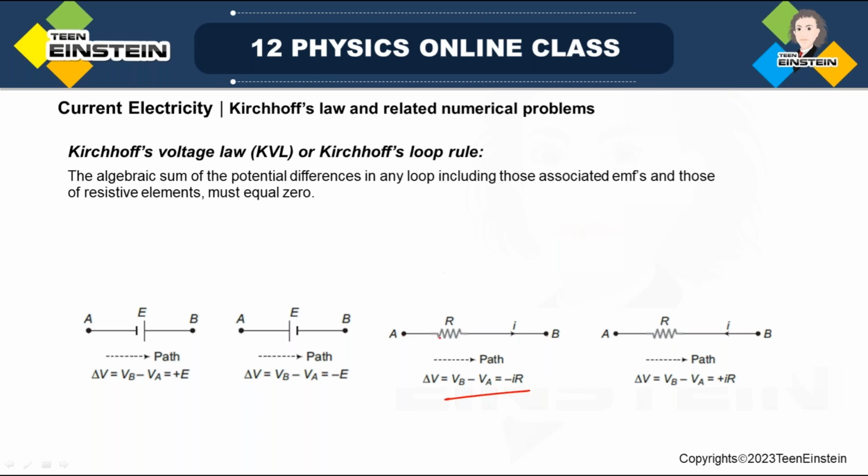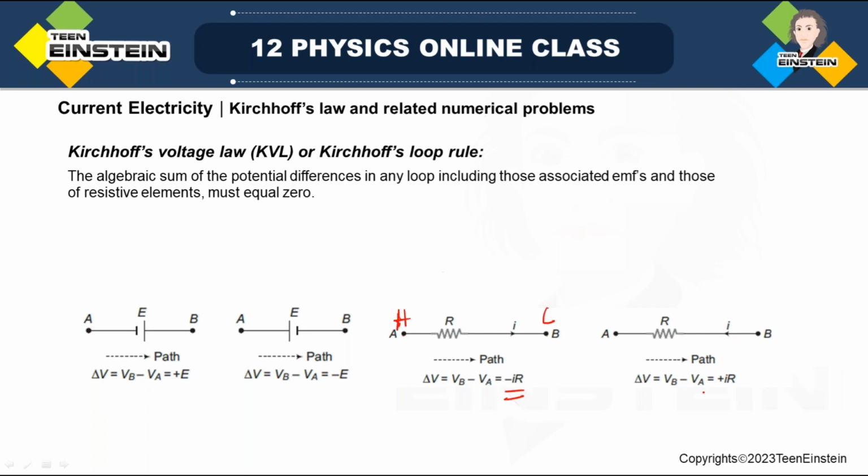In another way also you can take this as positive. Okay, we'll see while doing calculation, we'll show you. I can take just IR, and this I can take as negative IR also. All right, so that all depends on conventions. In this case it is justified to take negative because generally this will be at high potential, positive terminal at high potential, and there it will be at lower potential. So VB minus VA equal to IR, that you have to write negative.